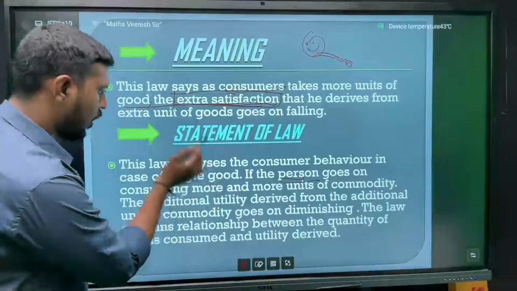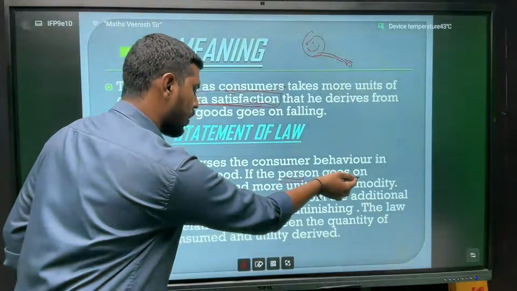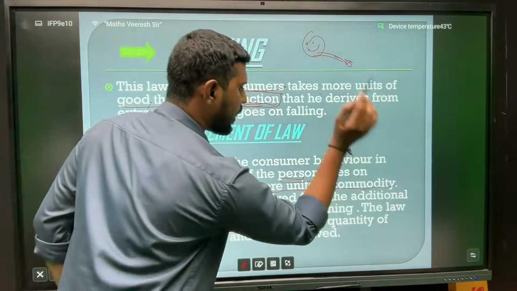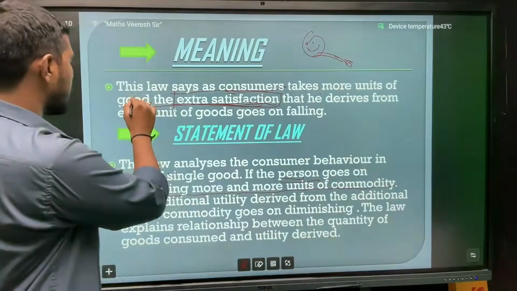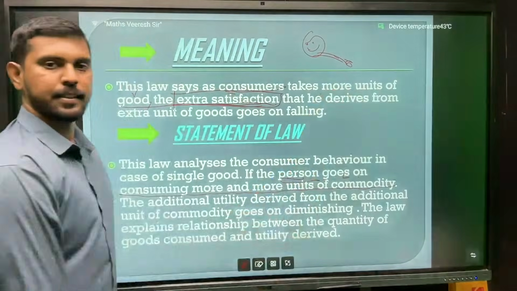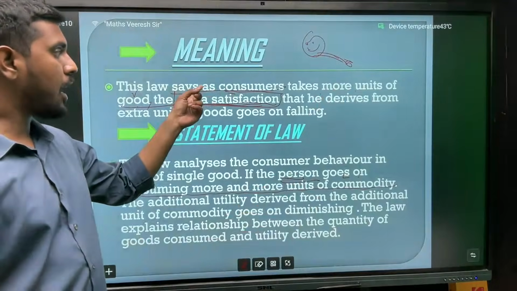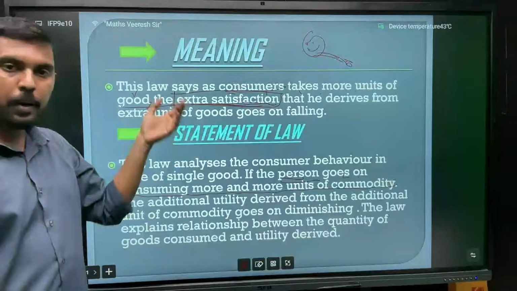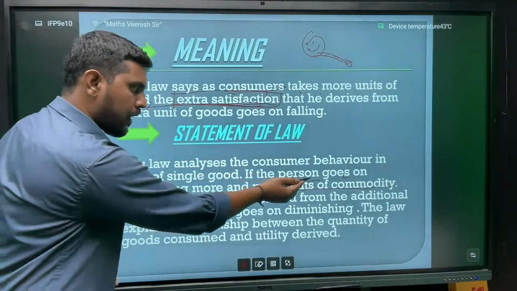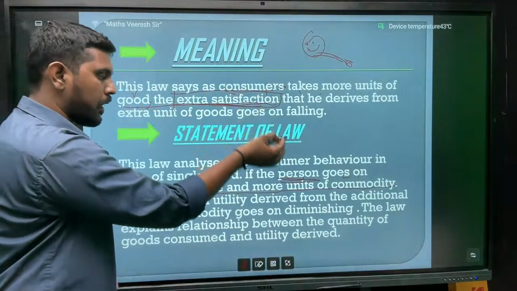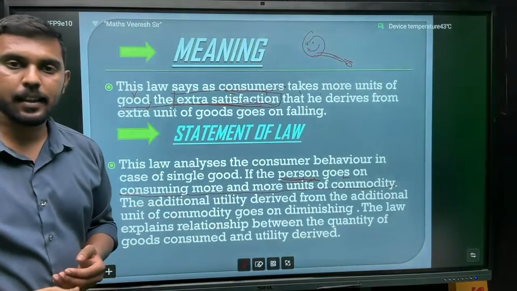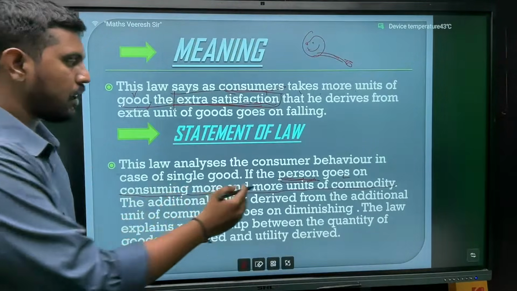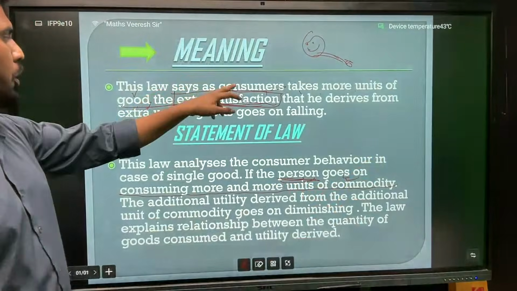Coming to the law statement, we write person in place of consumer, and commodity in place of good: a person goes on consuming more and more units of a commodity.